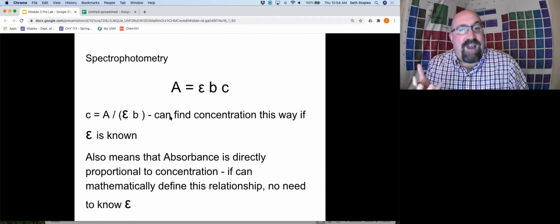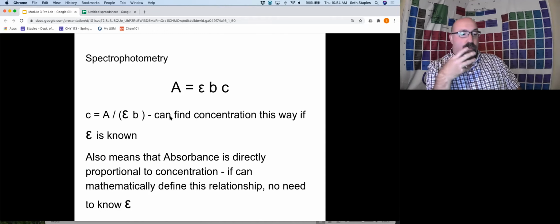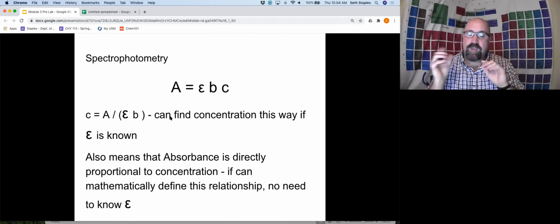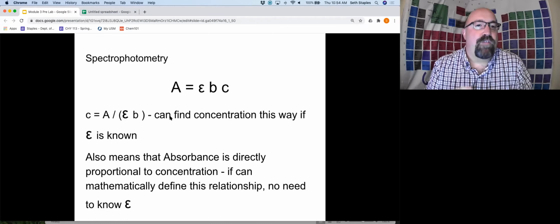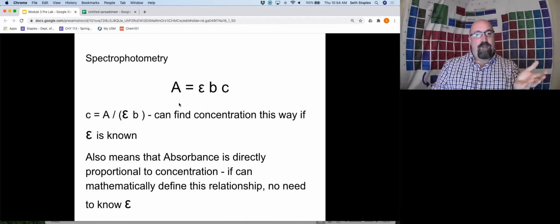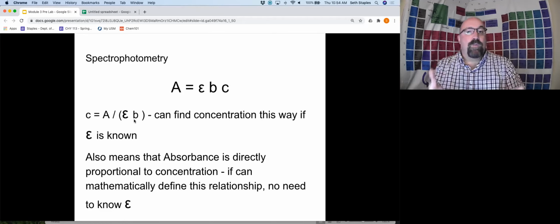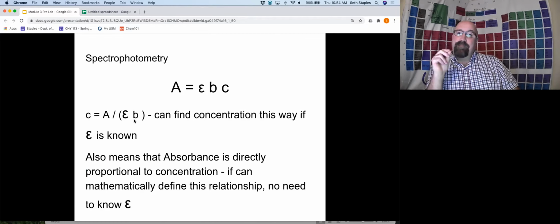Now, we could rewrite this. Let's say we wanted to find the concentration of some unknown. So we have some unknown sample of nitrates, perhaps, and we want to know what the concentration of those nitrates are. We can rewrite our Beer's law equation to solve for concentration. So we would just simply divide both sides by the molar absorptivity coefficient and by the path length, and we would get C equals A over epsilon times B. And so we can find the concentration that way if the epsilon value is known.